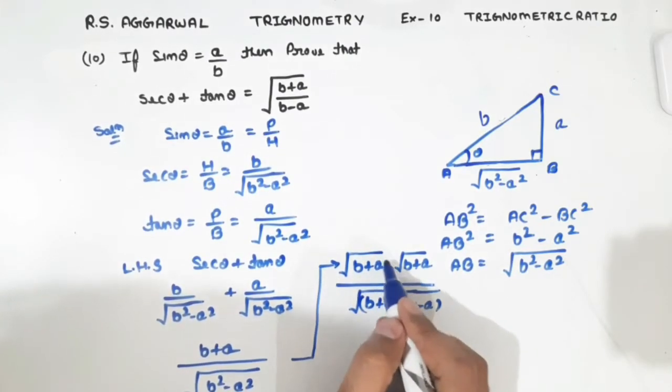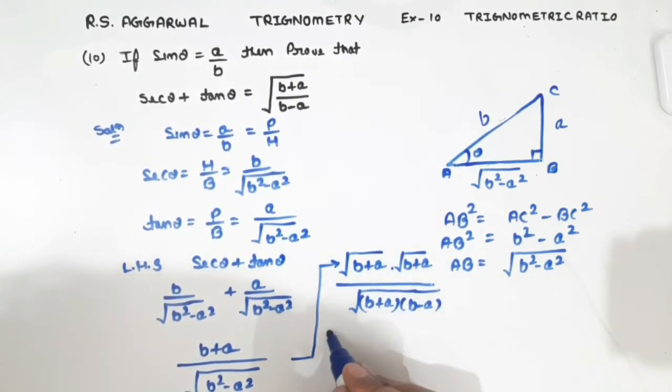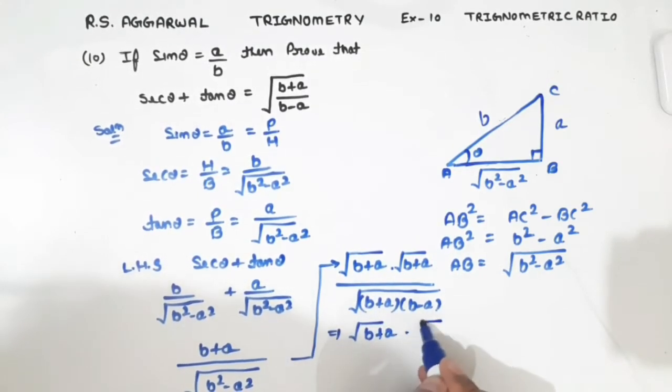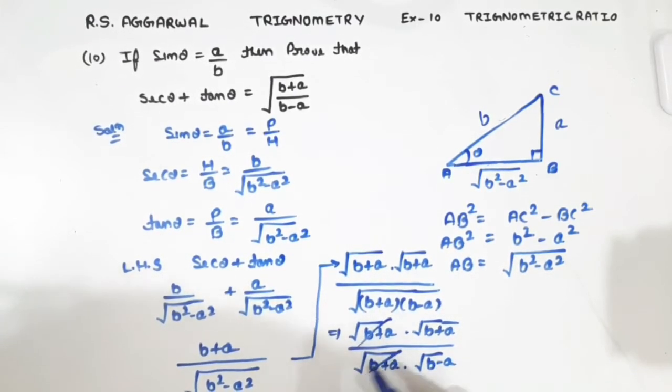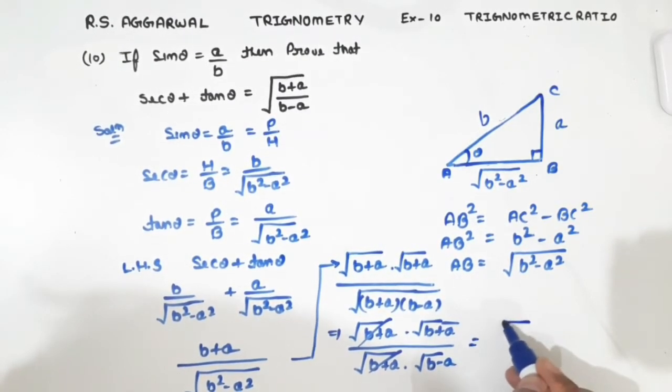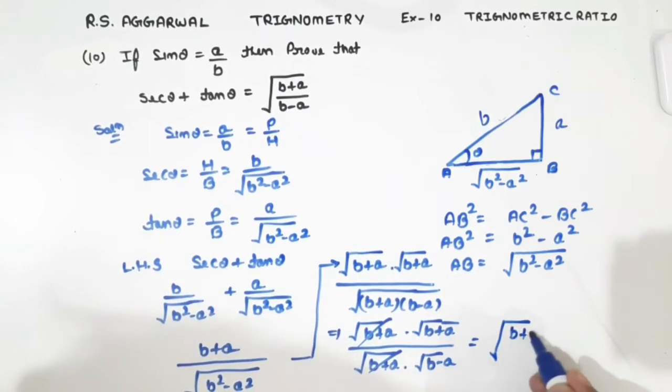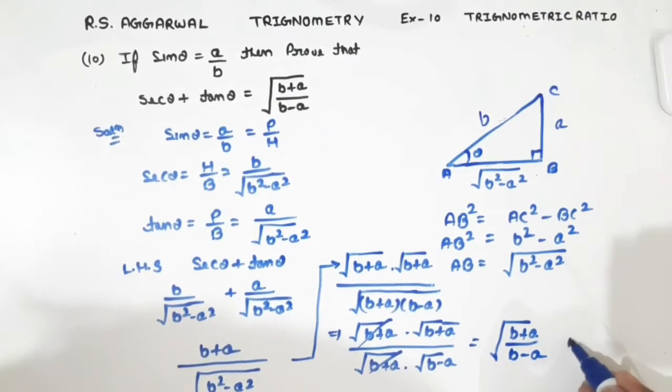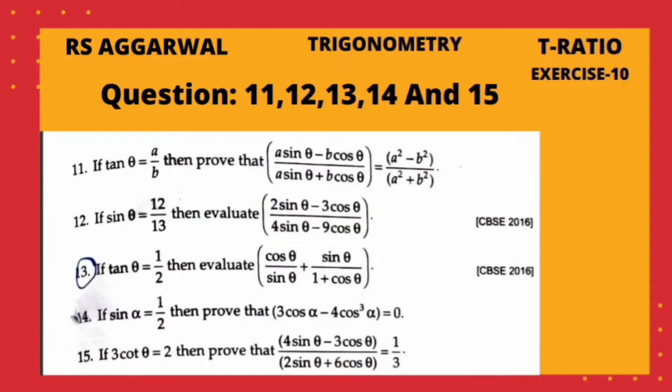So from here under root B plus A into under root B plus A, and this can be written as under root B plus A into under root B minus A. So this will be cancelled out. So that will be B plus A upon B minus A. Hence proved that is equals to RHS.